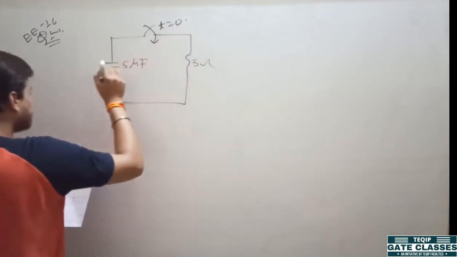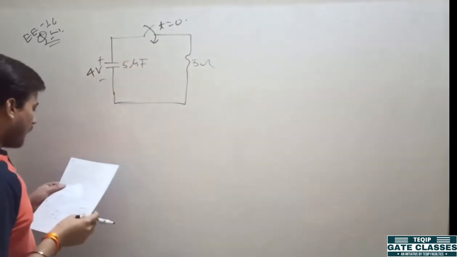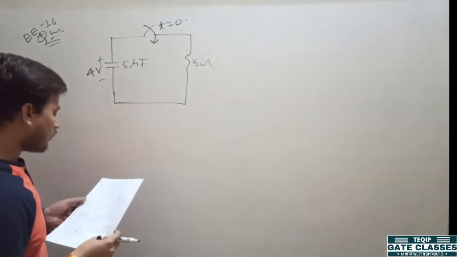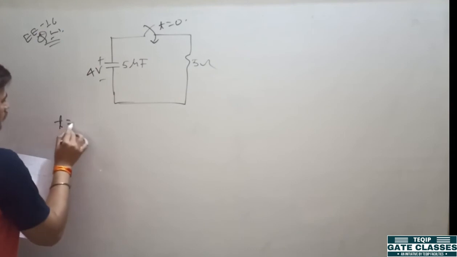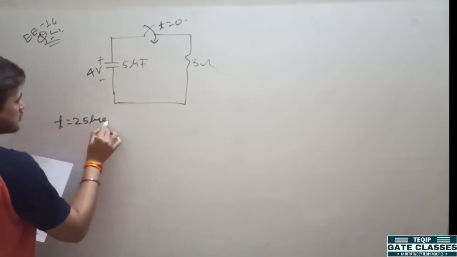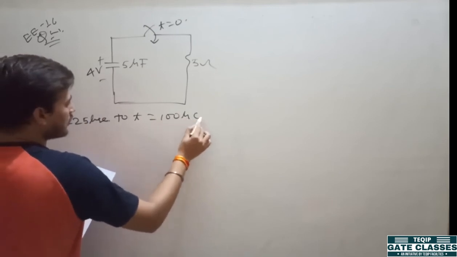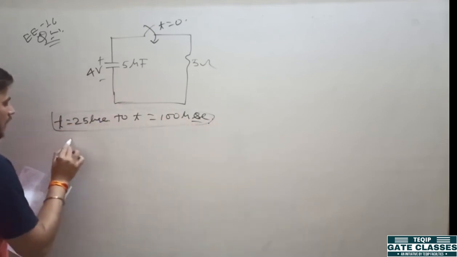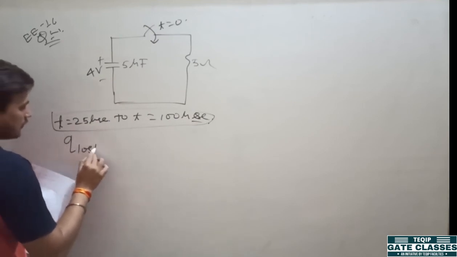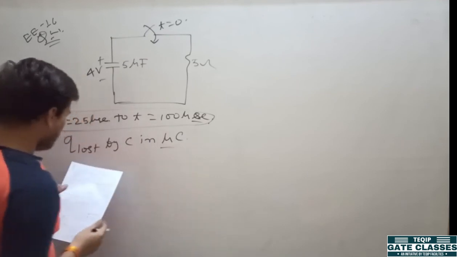Initial voltage across the capacitor is 4 volt. Find the charge in microcoulomb lost by the capacitor from time t equal to 25 microsecond to t equal to 100 microsecond. So let us see how to find this.